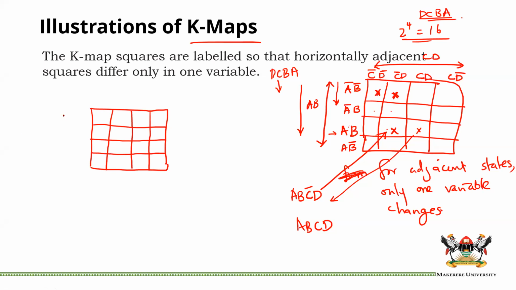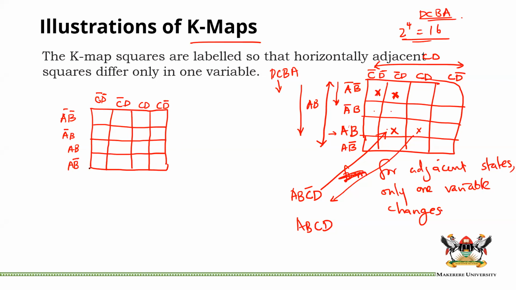So once again, I want to say A B inverse, A inverse B inverse, A inverse B, AB, and then AB inverse. Here it is C inverse D inverse, C inverse D, CD, and CD inverse. This is how you're going to always do it. Okay, so order matters. And in fact, this is the only order for the 4-variable, for the 16-state map.